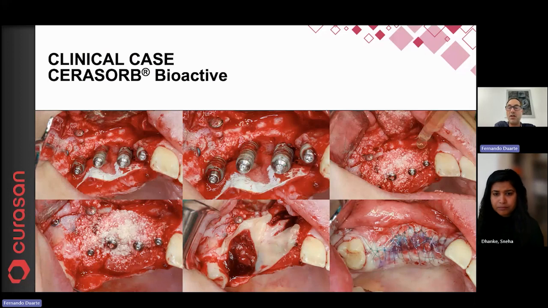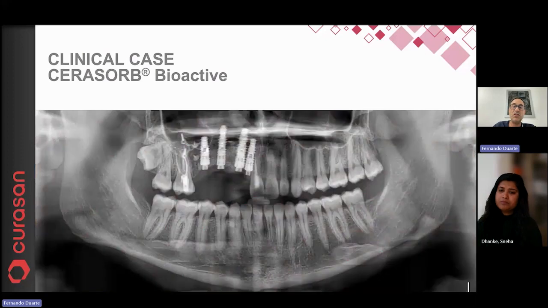It seems like the porosity absorbs all the blood that is in the area. On top of these bioactive granules, we place fibrin membranes again, giving a contour of the new maxilla. We stitch very well, and here you can see already our implants.